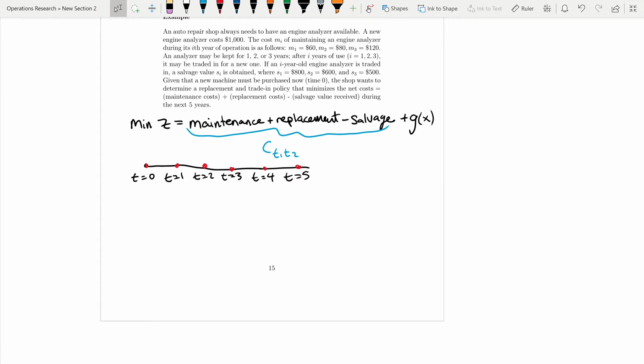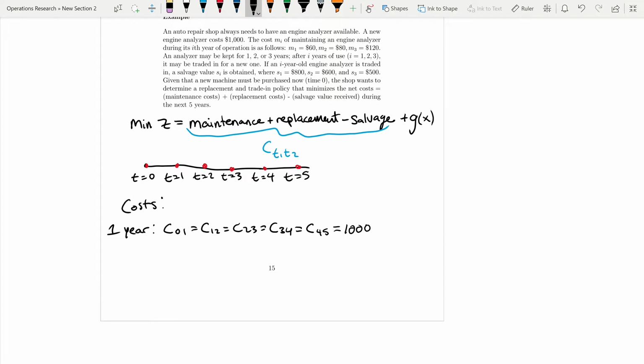So first we're going to define our general costs here. If we do just 1 year with the machine, this is the same thing as going from time 0 to time 1, or time 1 to 2, or time 2 to 3, time 3 to 4, or time 4 to 5.